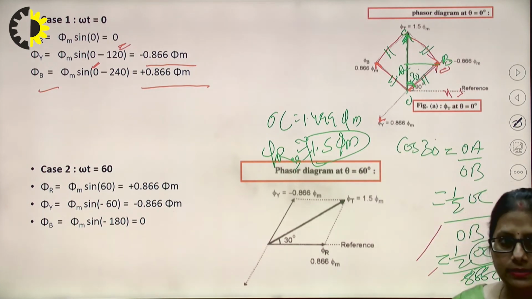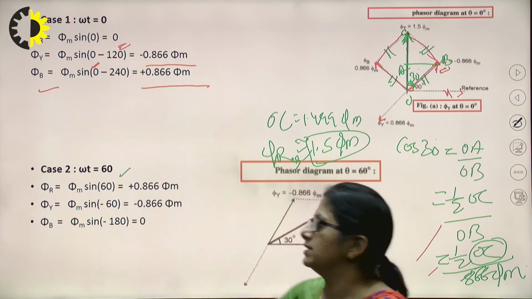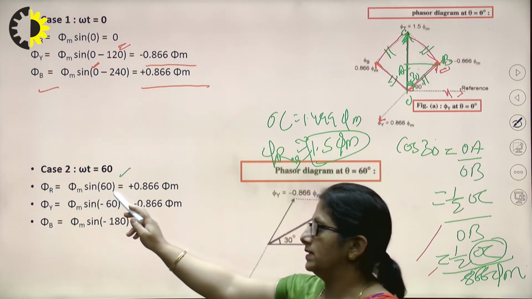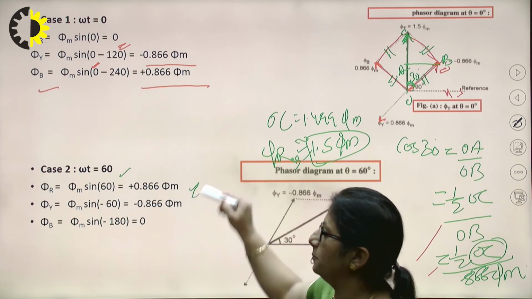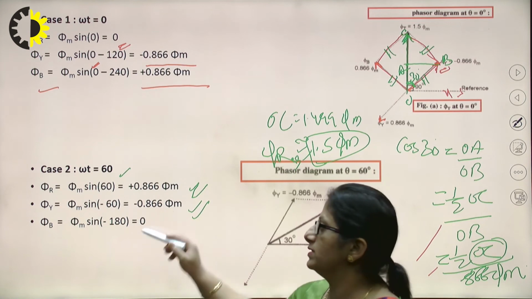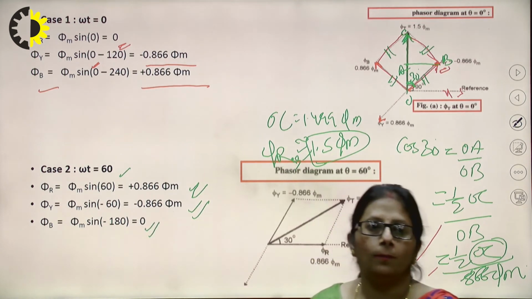Going for another instant, say at omega t equal to 60, the same process. Phi r would be phi m sin 60, so that is 0.866 phi m. Phi y is minus 0.866 phi m, and phi b, obviously it is going to be sin of minus 180, so 0, right?